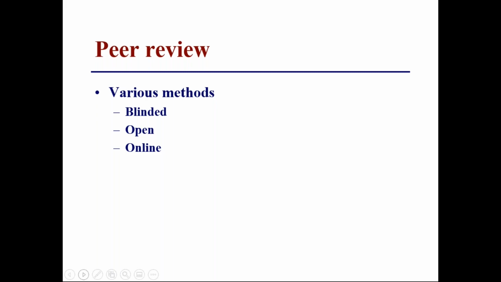The most commonly used method is a single blinded method, where the author, you, are not aware of who the paper is going out to, and you receive anonymized comments. The next method is a double blinded method, where neither you nor the reviewer know who the other is. The reviewer doesn't know who the author is, and you as the author don't know who the reviewer is.